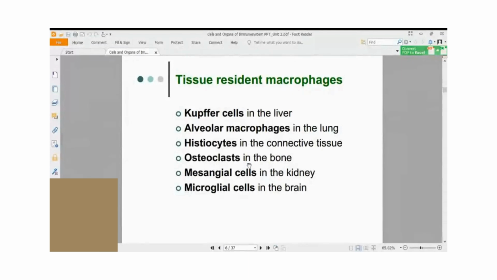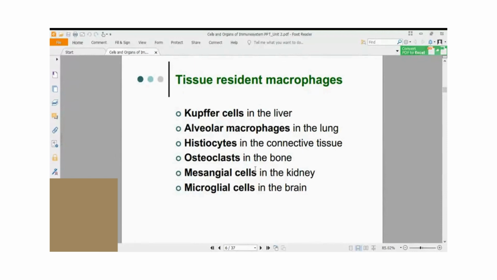And those which are there in the bone, not in the bone marrow, but in the hard structure of the bone, between the vessel, the cavities of the bone, are called osteoclasts. Then in the kidney, they are called mesangial cells, and in the brain, they are called microglial cells. These are the classification of the macrophages.